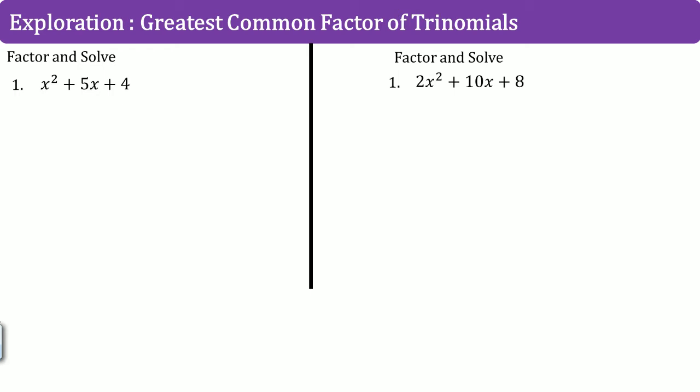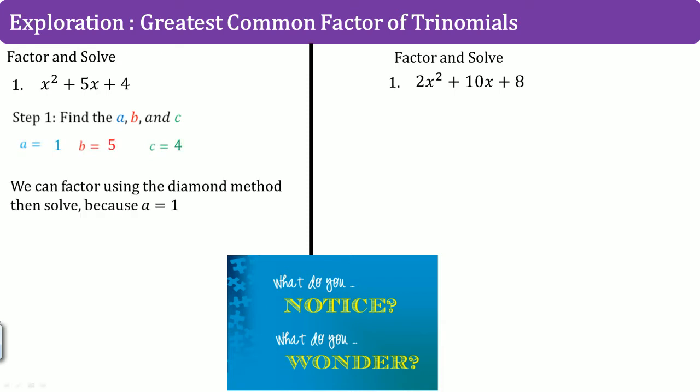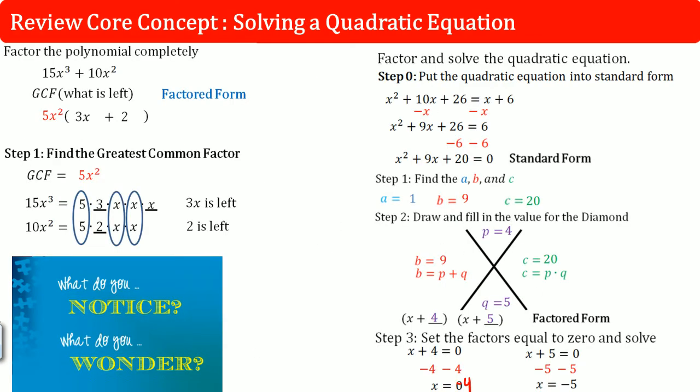On the right-hand side, you have 2x squared plus 10x plus 8. What do you notice and what do you wonder about these two polynomials? On the left-hand side, you can just find a, b, and c normally. A equals 1, b equals 5, and c equals 4. Here, you could factor normally using the diamond method that we learned.